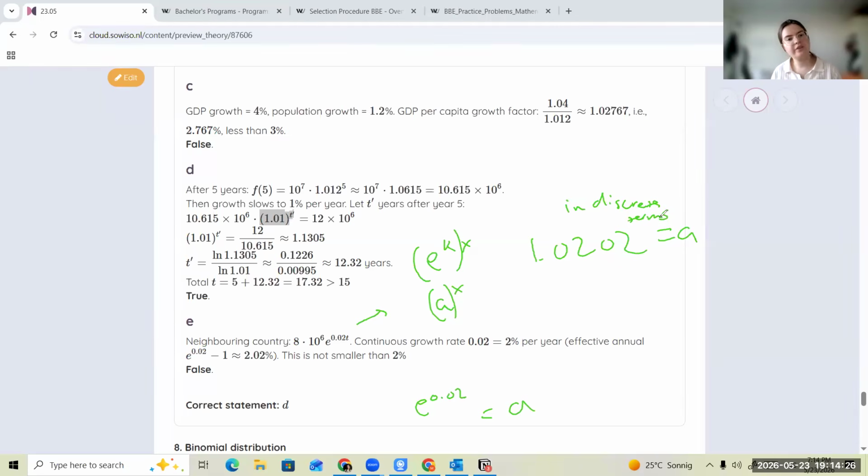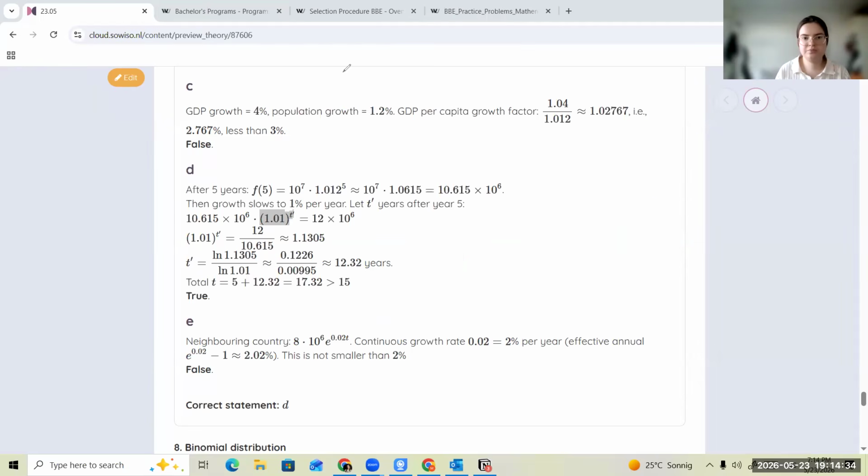So here you have only one correct statement. Statement D. Before, in the previous year, it ranged from around 78 to 82 or something.